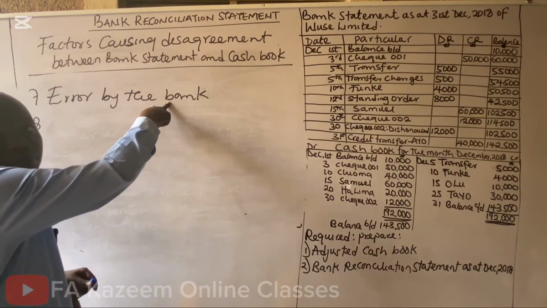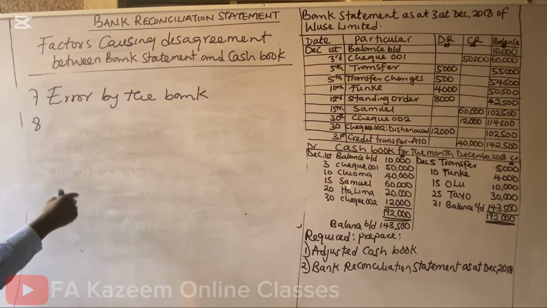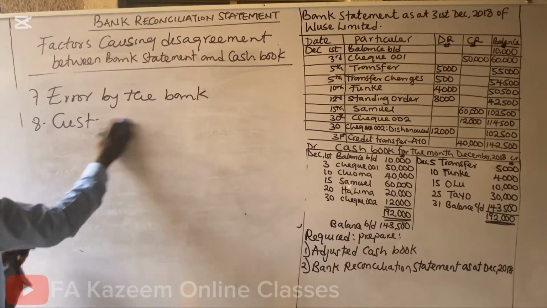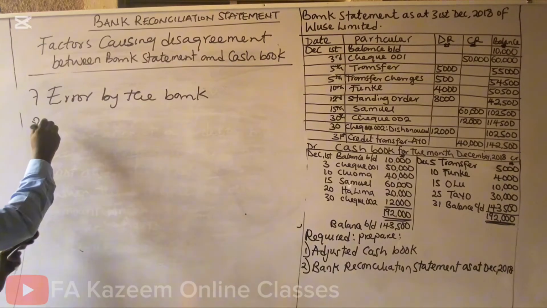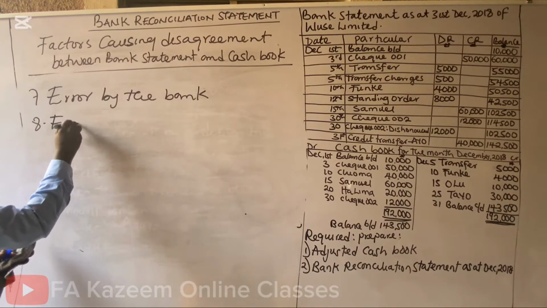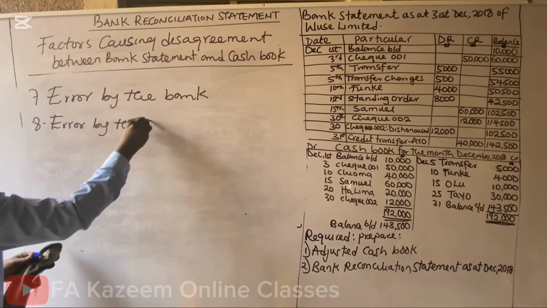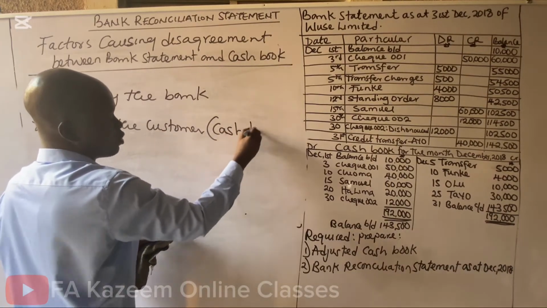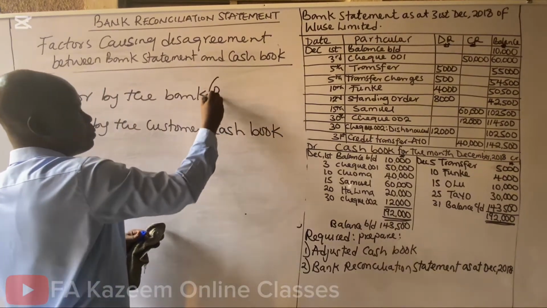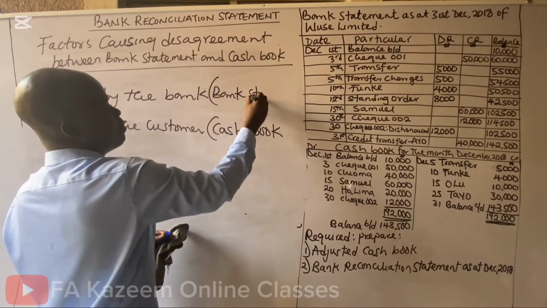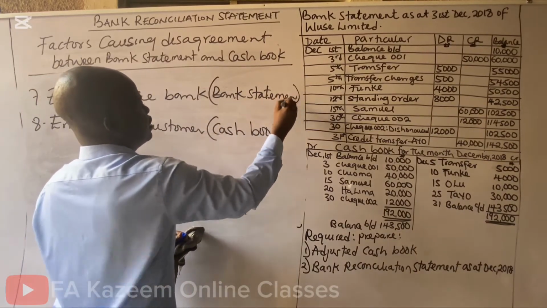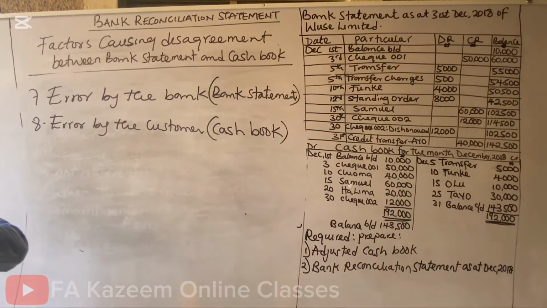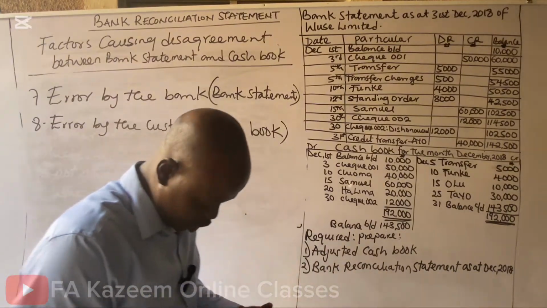This is where a bank makes an error in preparing the customer's account, or the customer itself makes an error, which we call error by the customer. The customer can make error when preparing the cash book, and the bank too can make error when preparing the bank statement. If any of this error happens, it has to be corrected during the process of reconciliation.